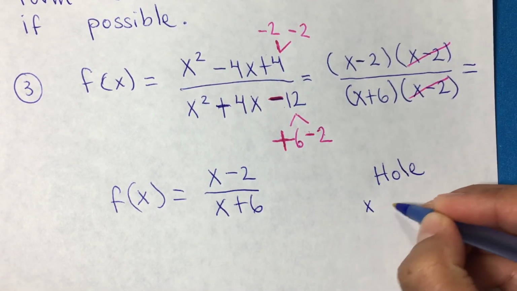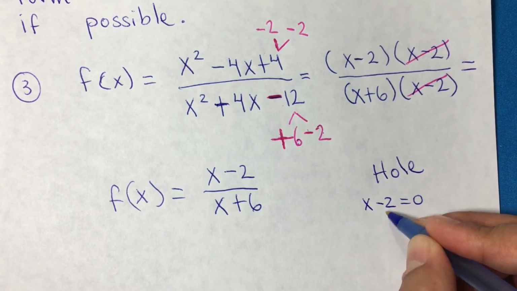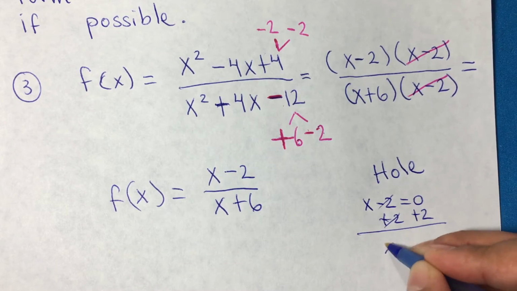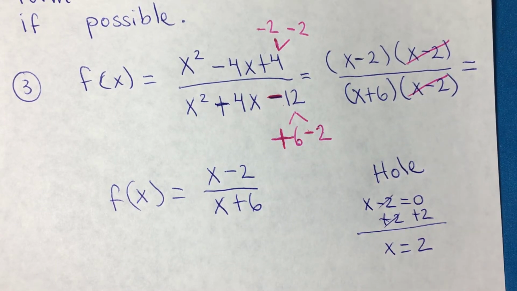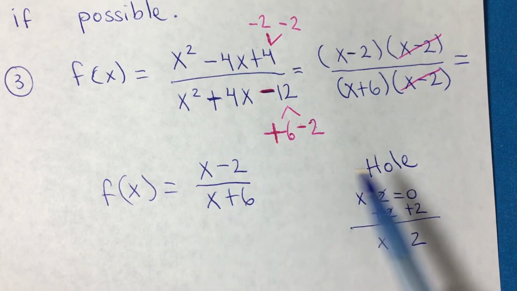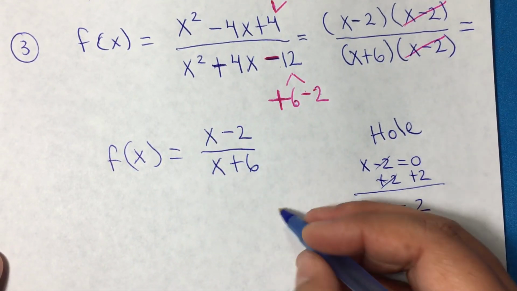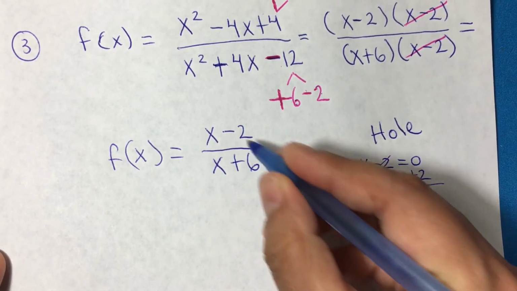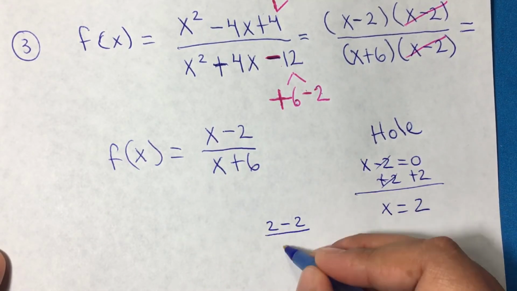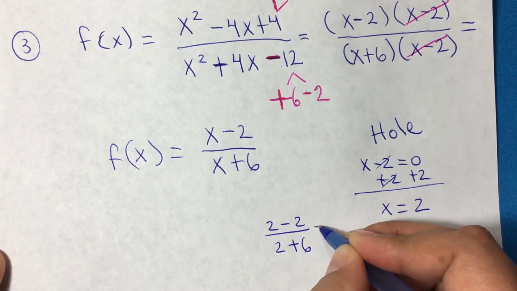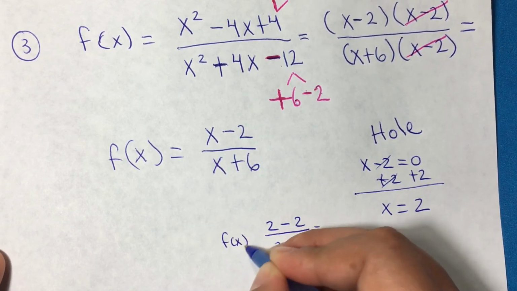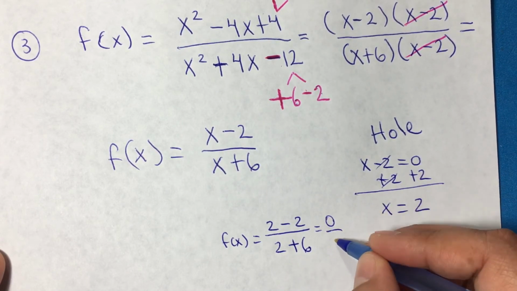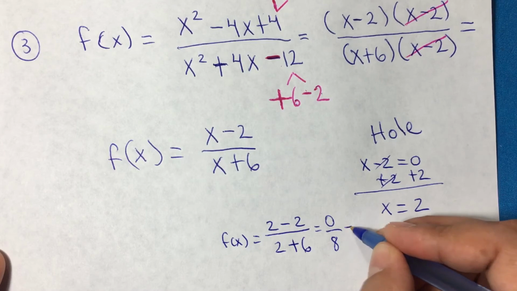So we just say x minus 2 equals 0. If we're subtracting, the opposite is to add 2, and so x will be 2. Then we're going to substitute that value in the simplified form of this function. And so 2 minus 2 over 2 plus 6, and that's f of x equals 2 minus 2 is 0. 2 plus 6 is 8, and 0 divided by 8 is 0.